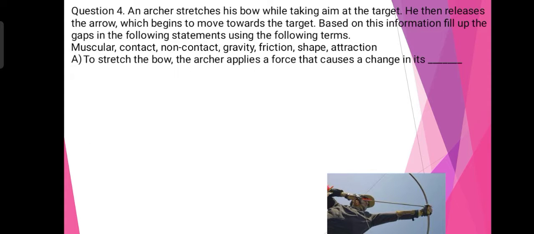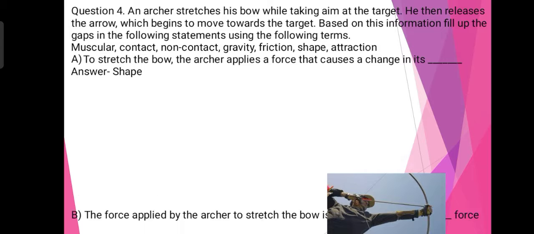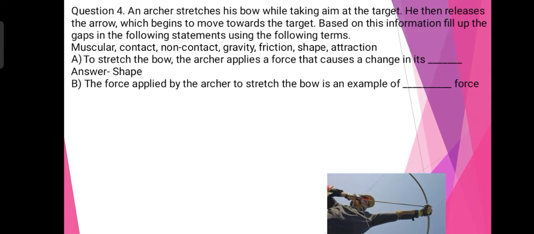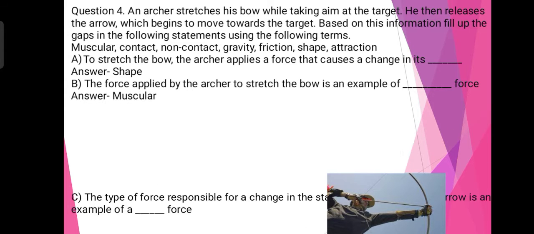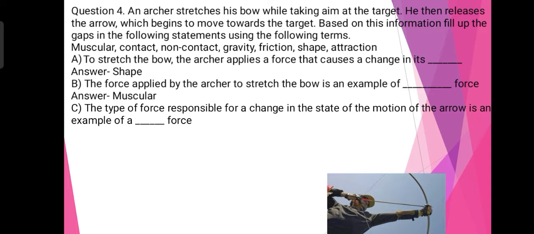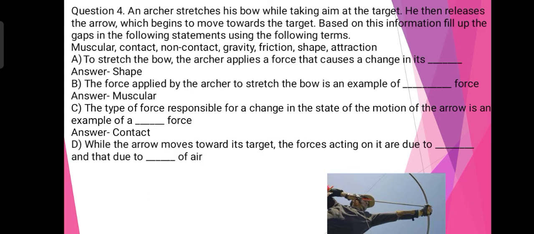A. To stretch the bow, the archer applies a force that causes a change in its shape. B. The force applied by the archer to stretch the bow is an example of muscular force. C. The type of force responsible for a change in the state of motion of the arrow is an example of a contact force.